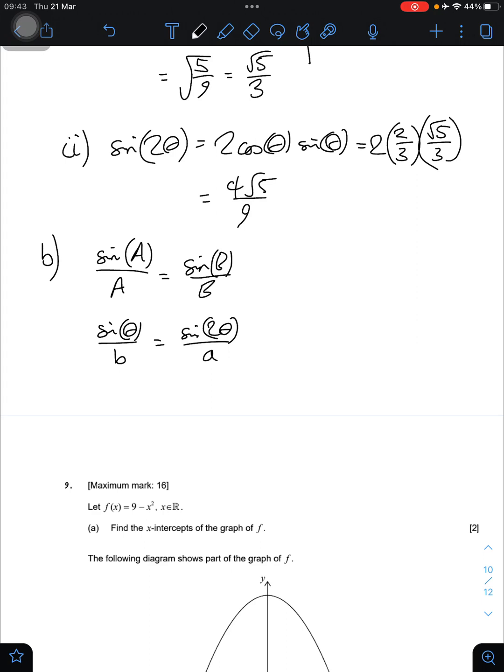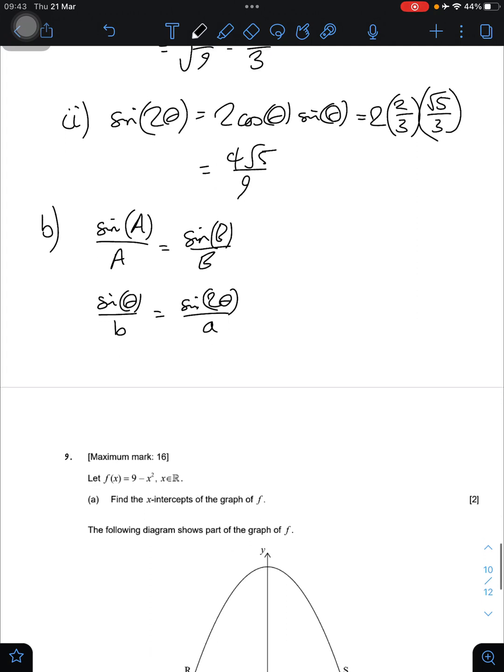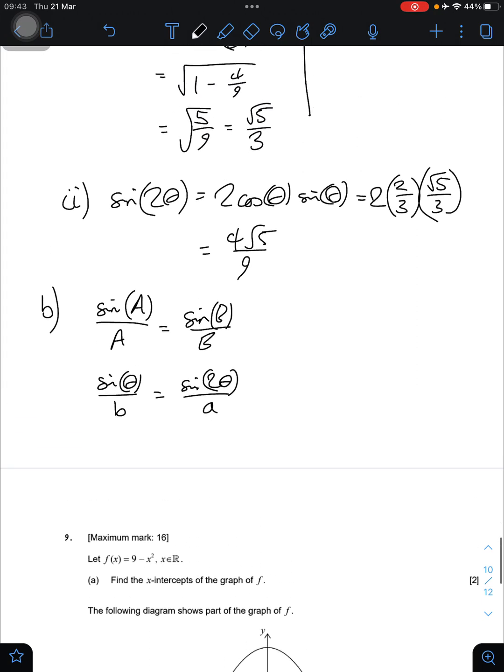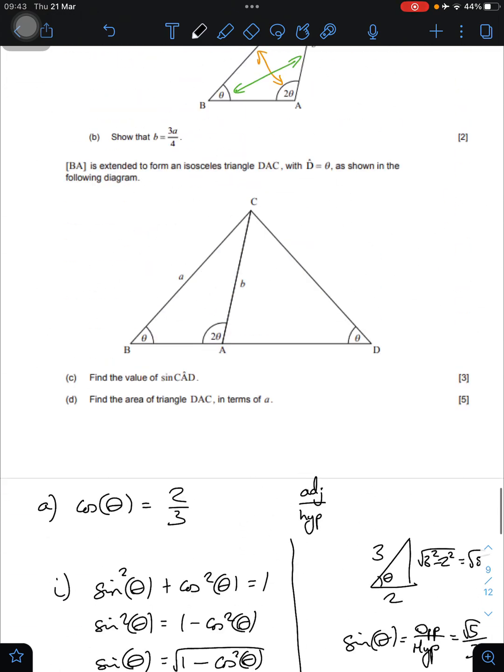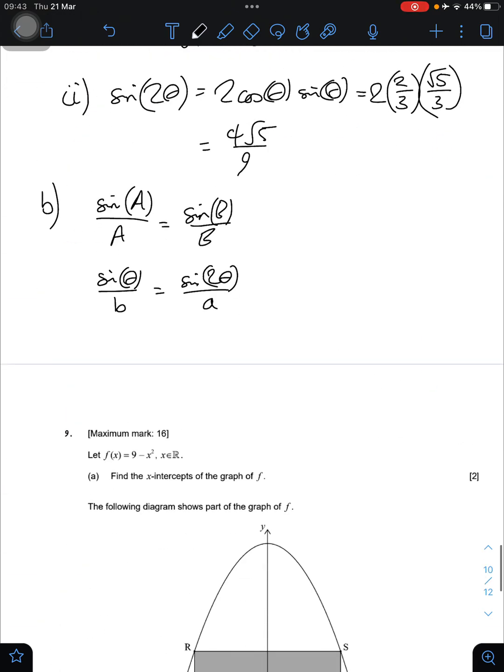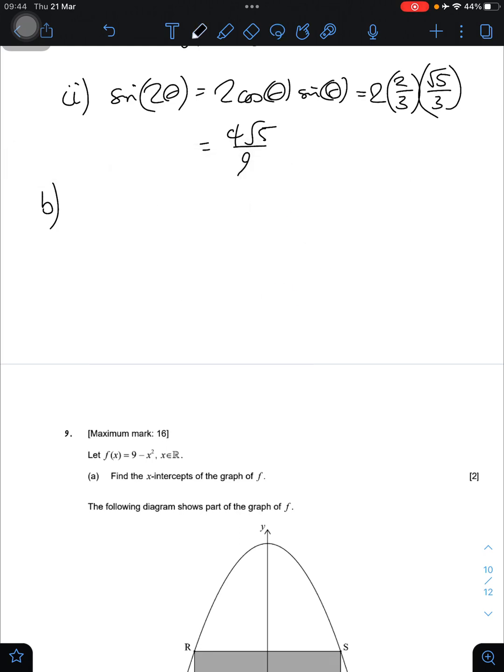And then we know what sine 2 theta and sine theta are. In fact, we could make this even easier by just flipping it. If you cross multiplied the whole thing, you would find that this is identical to if you were to just flip them around. Let me flip them around. It just makes it slightly neater.